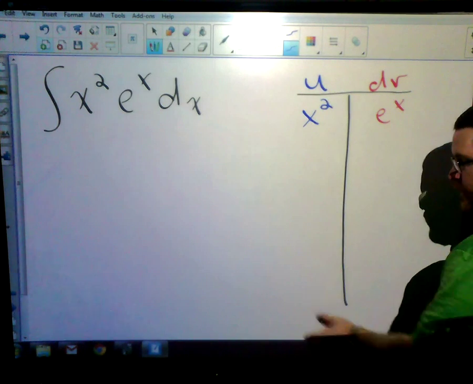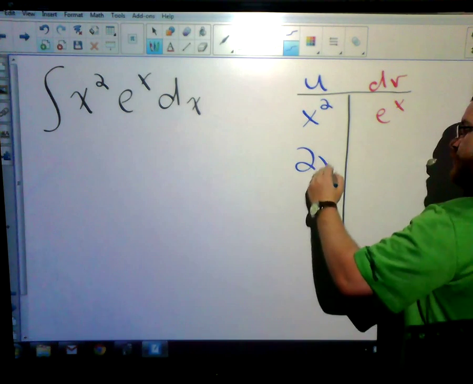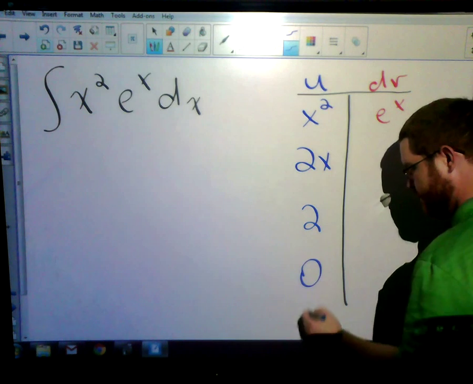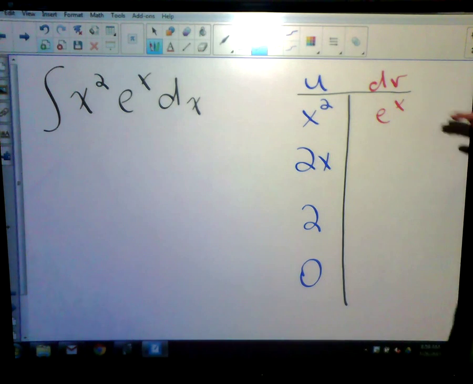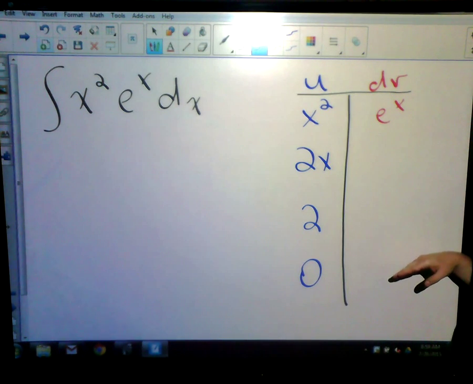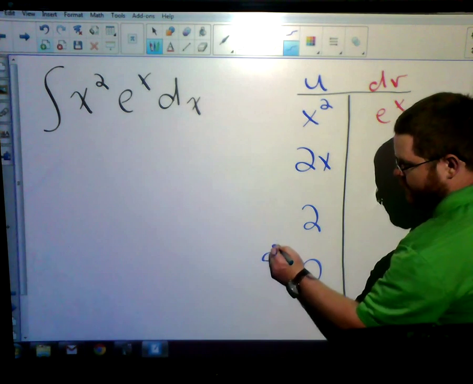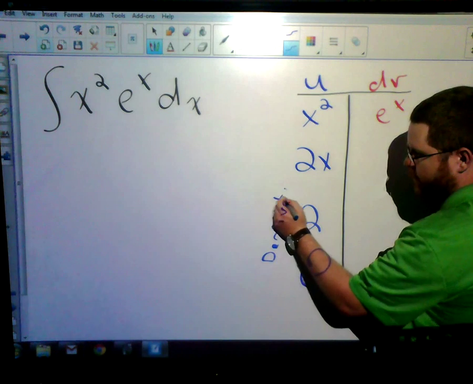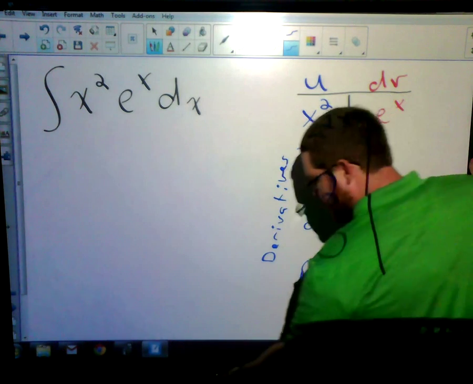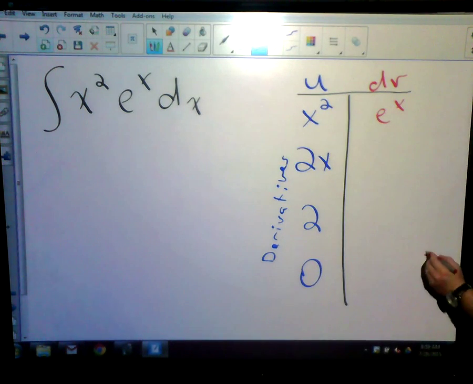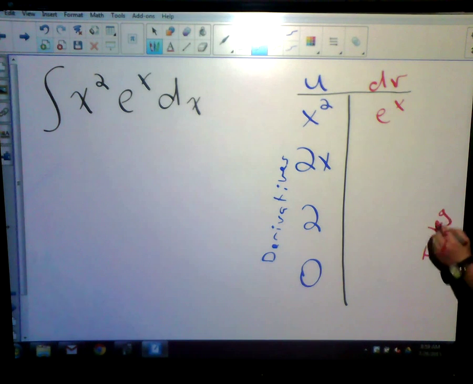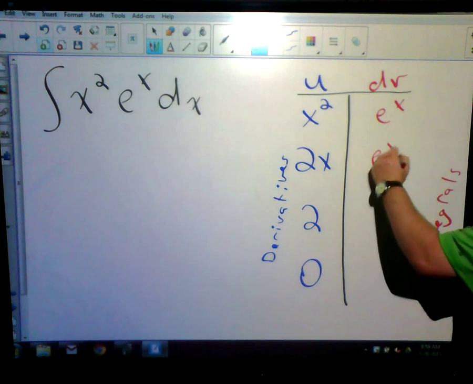For u, we need all the derivatives until we can't differentiate anymore. So derivatives on this side, and on this side, integrals. This one's easy because the integral of e to the x is e to the x.